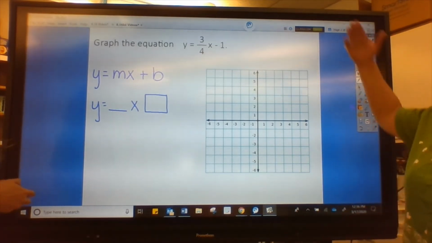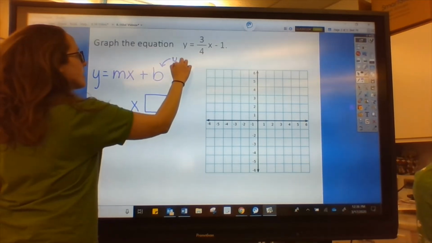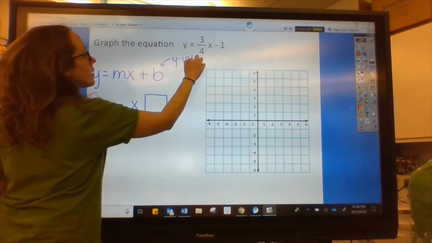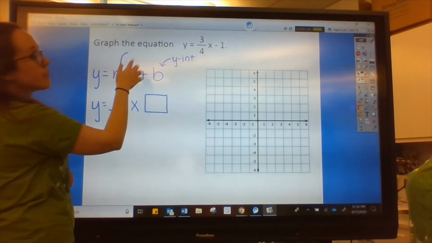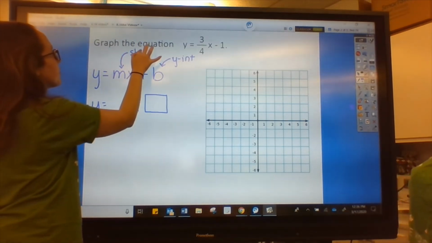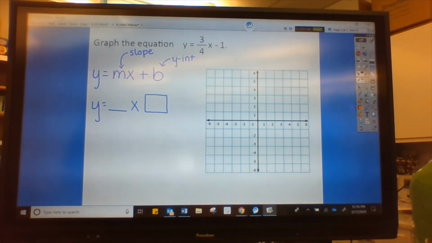We look at that equation: the last part is the y-intercept. And whatever number is the coefficient of x, in front of the x, that's the slope.